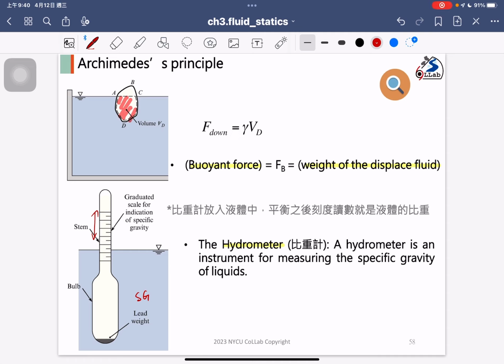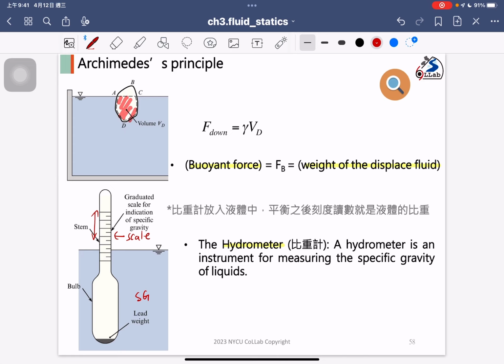You put the hydrometer into the liquid and read the scale to see how large the Sg of the liquid is. So those are just the applications for hydrometers.